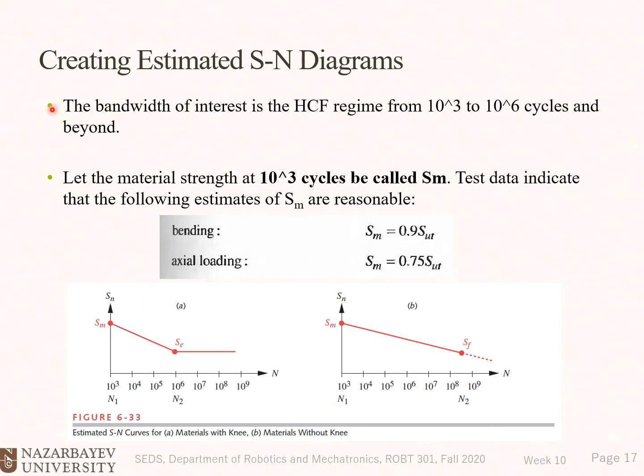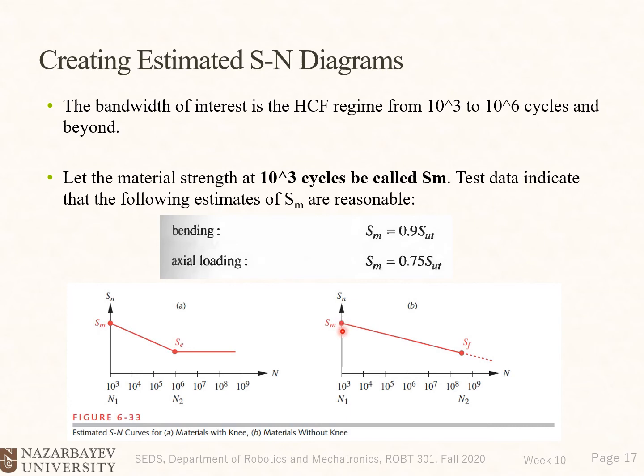The bandwidth of interest is high cycle fatigue regime from 1,000 to 1 million cycles and beyond. So we are looking to find an SN diagram which starts from 1,000 and beyond. Let the material strength at 1,000 cycles be called SM. So we have strengths here at 1,000 cycles, which is equal to SM.